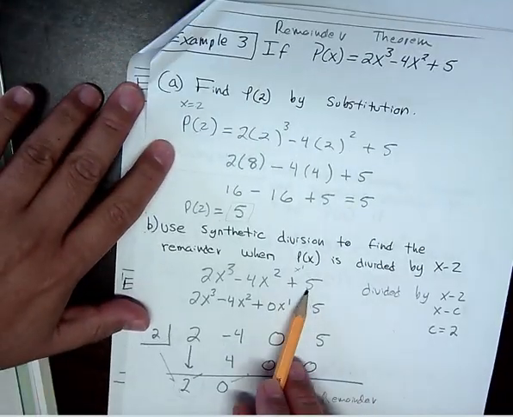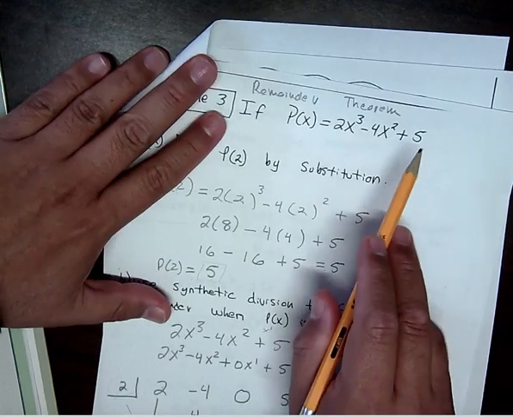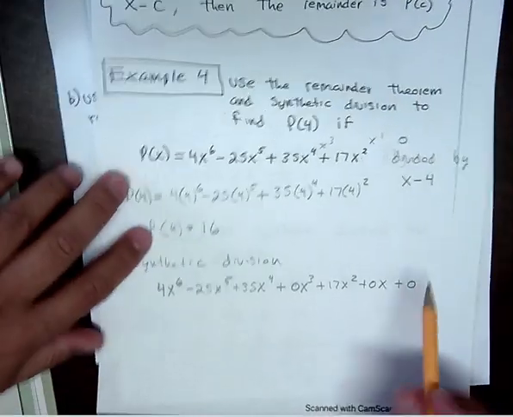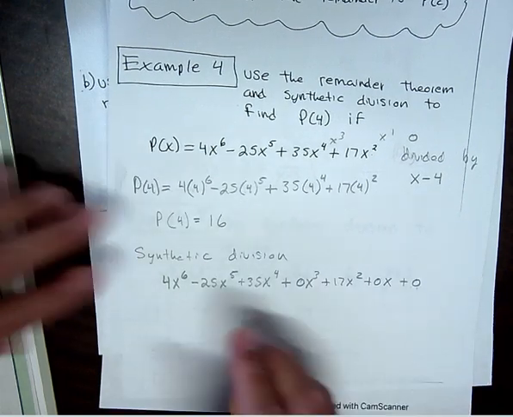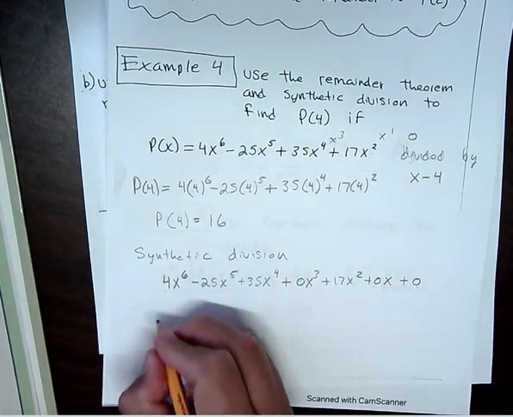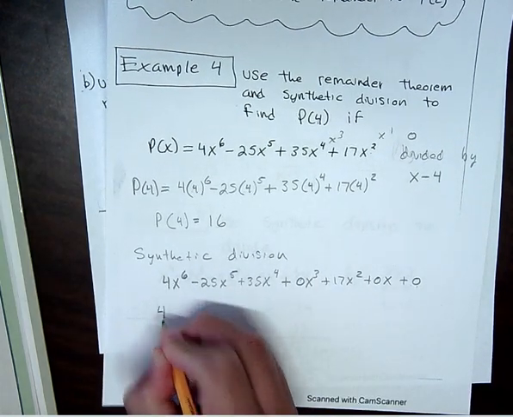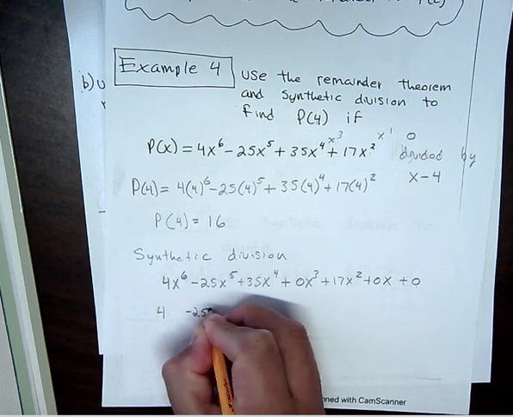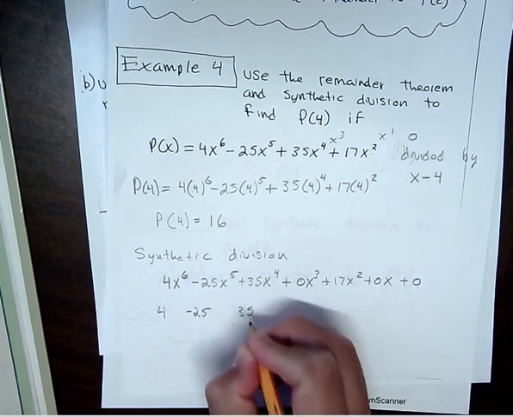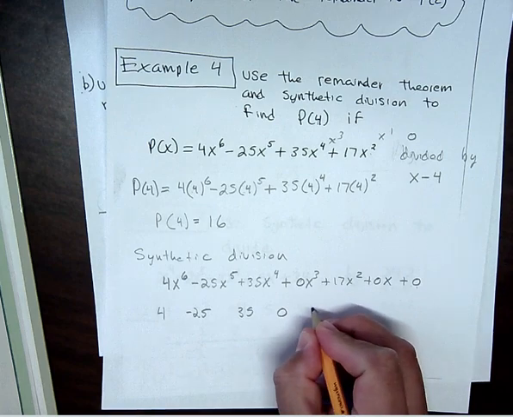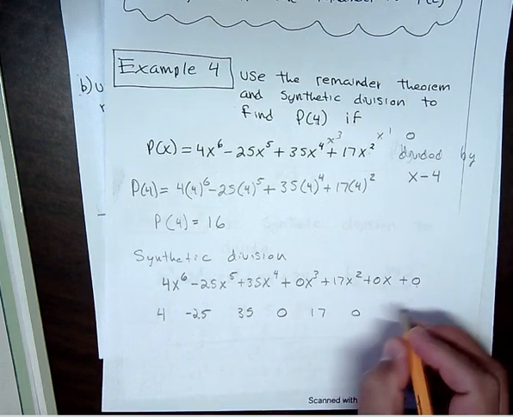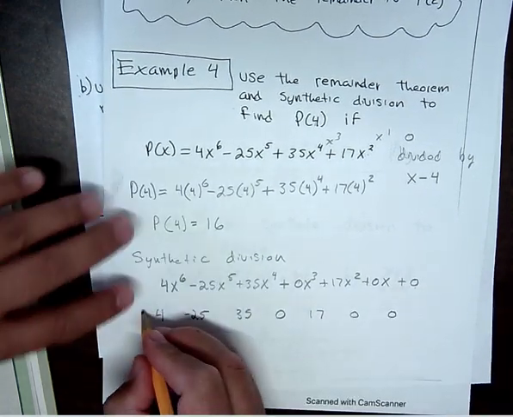So we're missing that number at the end of the polynomial, like this one. That's why I have an extra 0. So those would be the coefficients. Put them like this: 1, negative 25, 35, 0, 17, 0, and 0.